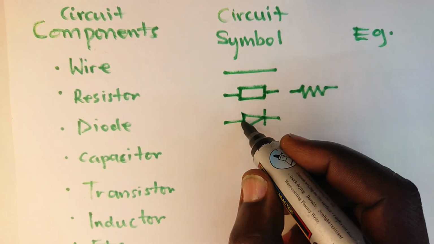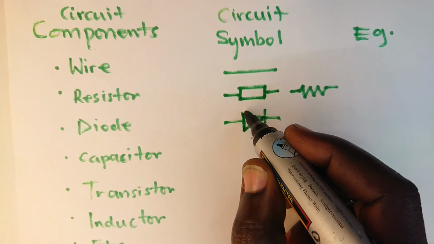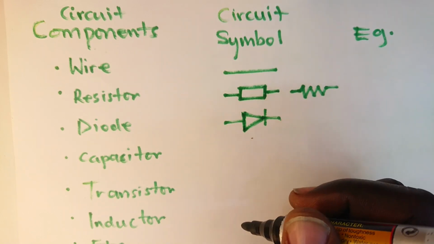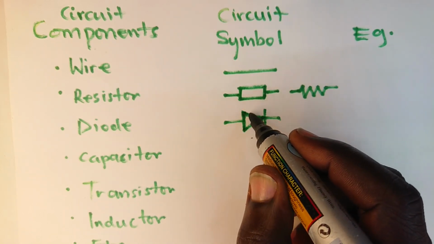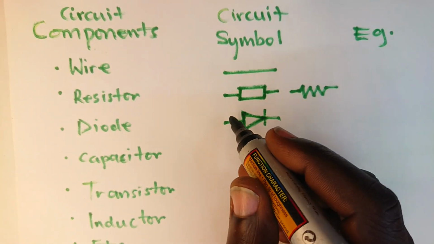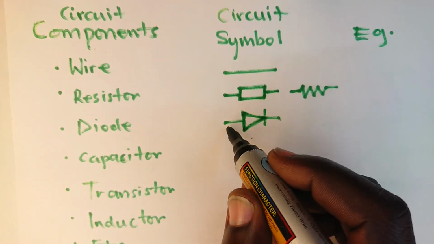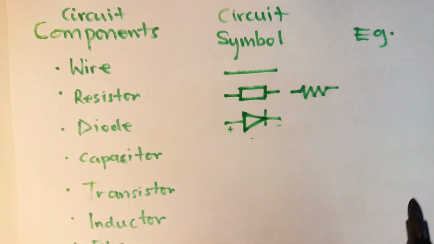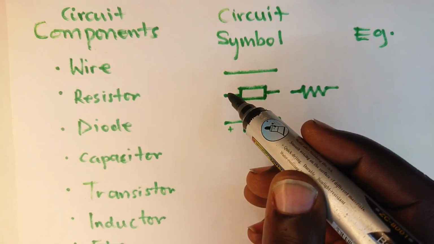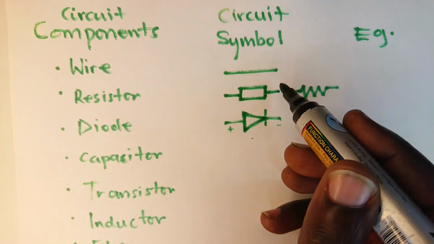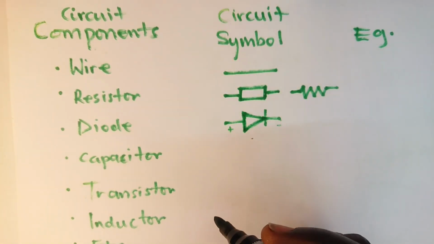So a diode will be drawn this way, and because a diode can only allow power to flow in one direction, usually this arrow shows you in what direction current will flow, from this to that. That means ideally we could reason that this is its positive terminal, that's its negative terminal, which is not the case for resistors and wires. In whichever direction you connect them, current will flow.